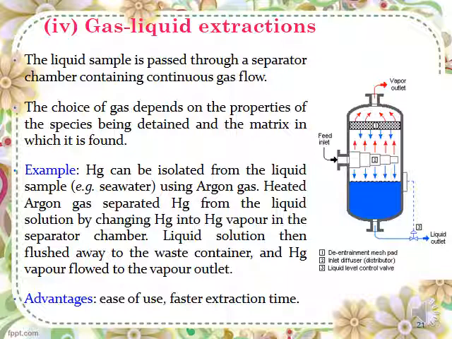This argon gas is heated so that the mercury will be separated from the seawater, by changing the mercury, soluble in seawater as a liquid, into mercury vapor in the separation chamber. Then the liquid is flushed away to the waste container. The advantage of using gas liquid extraction is that it is very easy to use and has a very fast extraction time.